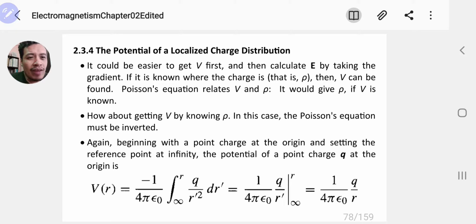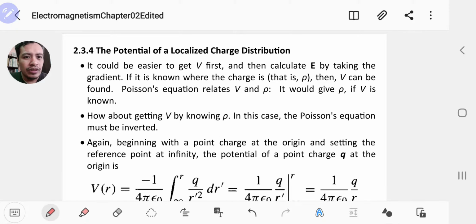So if we have a point charge at the origin, and of course when you calculate the electric potential, you set the reference point at infinity, and at infinity the potential is zero.